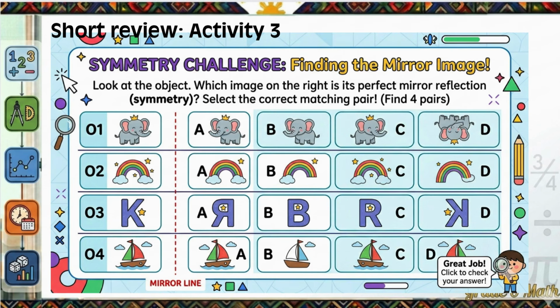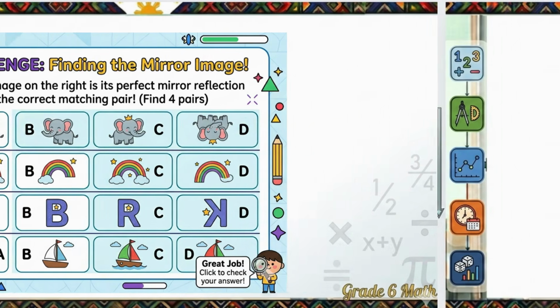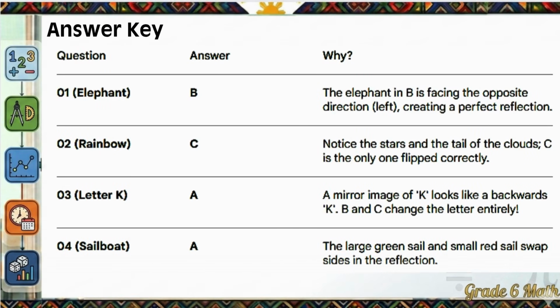Find 4 pairs. In a vertical mirror reflection, up and down stay the same. Left and right are reversed.